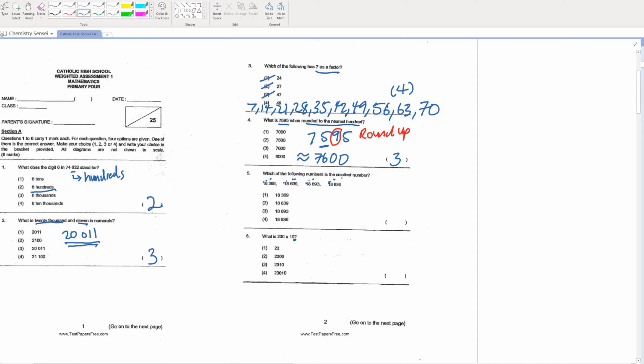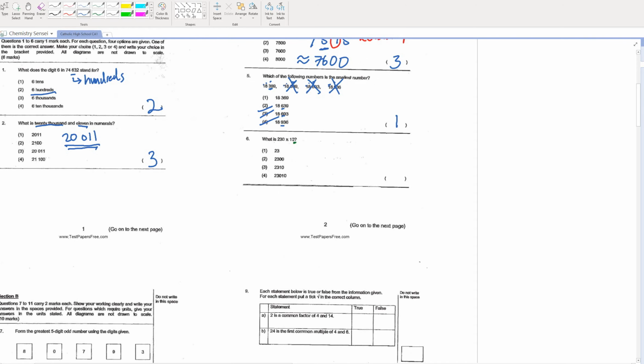From here, we know that this is the greatest number, followed by these two numbers. As the first number has 3 in the hundreds place, it is the smallest number as compared to the other numbers where they have 6 and 9 in their hundreds place. So option 2, 3, and 4 are incorrect. The correct answer is option 1.